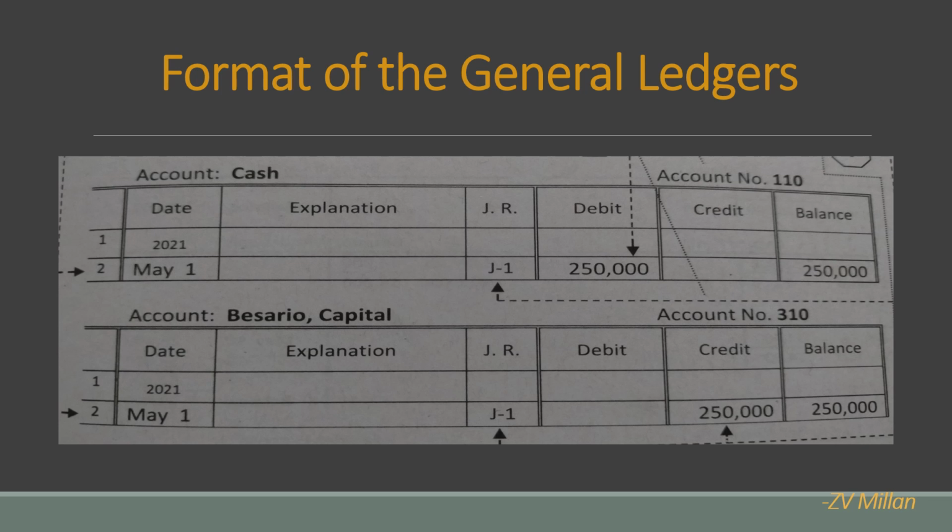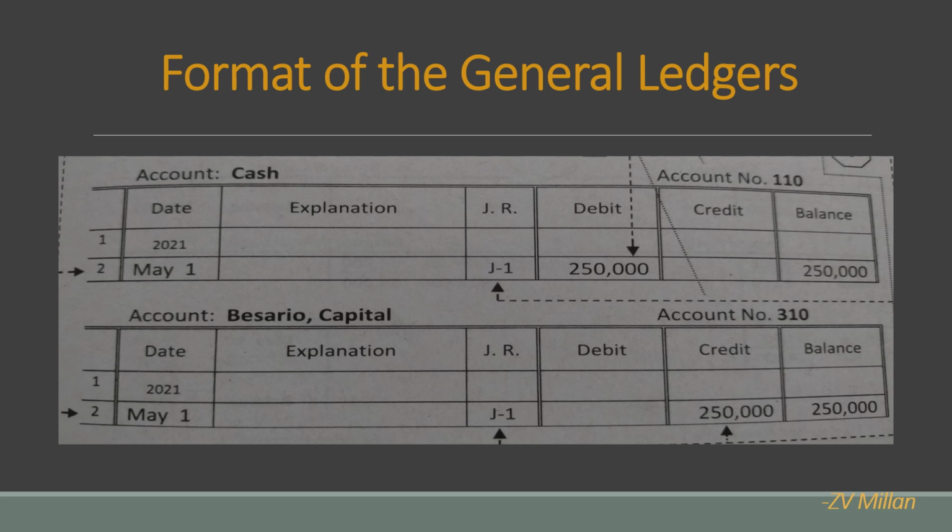So what about the general ledgers? Here is the typical format of the general ledgers. As you can see, there's a date column, explanation column, JR or journal reference column, debit column, credit column, and balance column. In the general ledger, we transfer the date of transactions from the journal to the ledger.